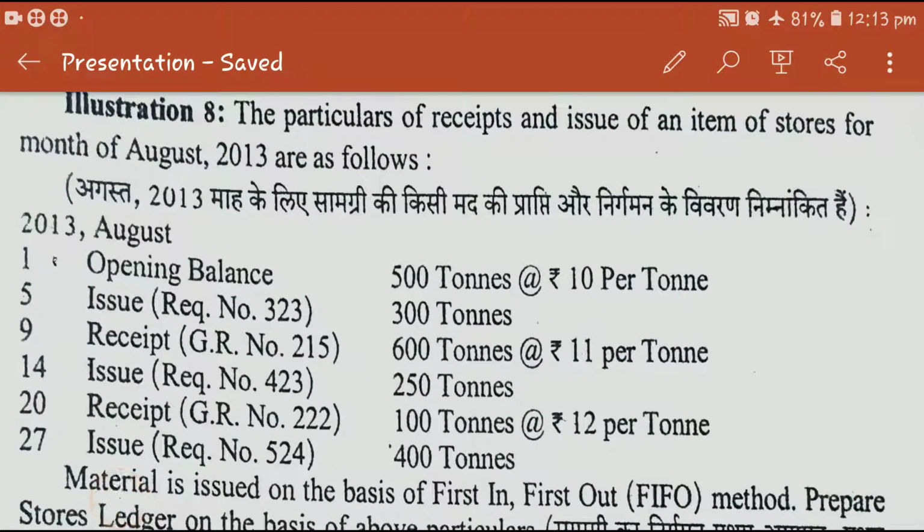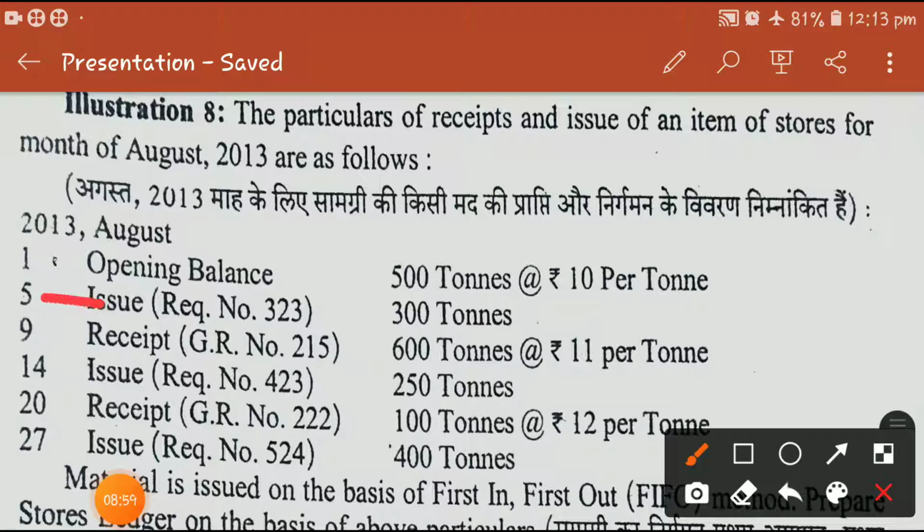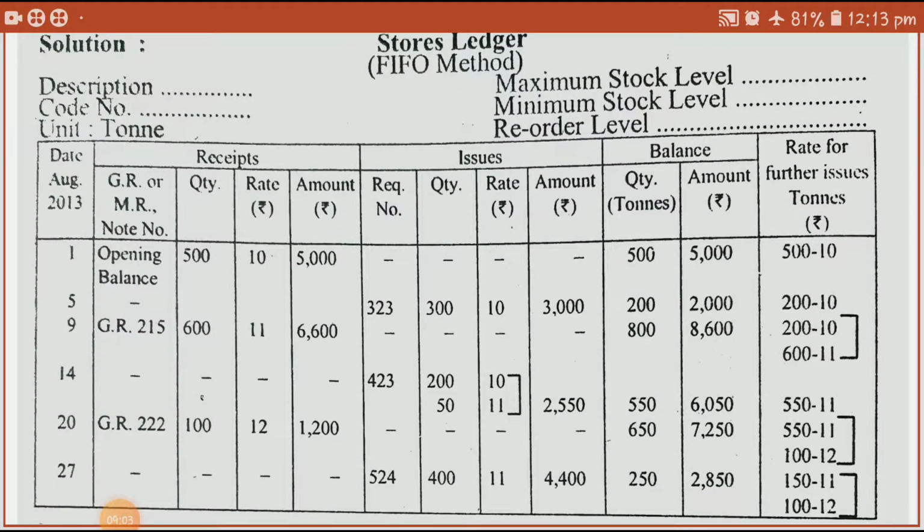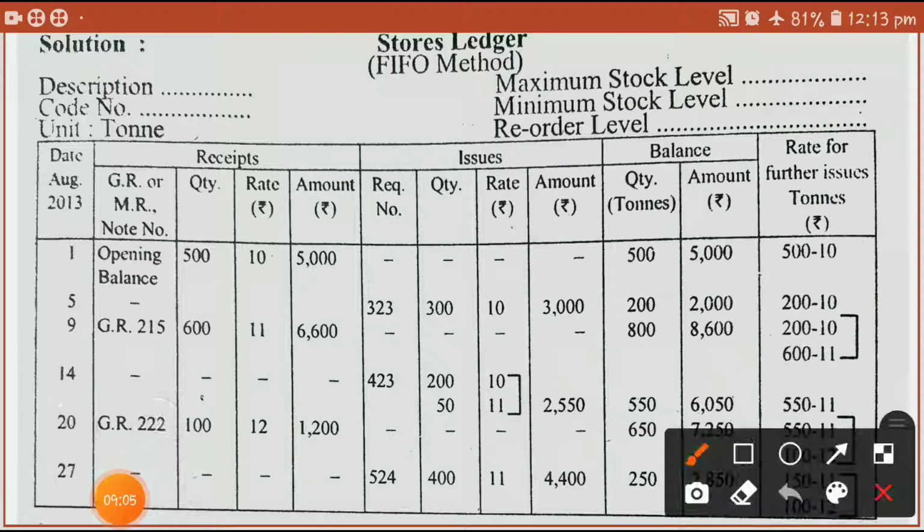Okay, now move towards the next date. The next date is an issue of 300 tons. We are issuing 300 units on 5th August. You can see that we are issuing 300 units, and we are going to write it in the issue column.